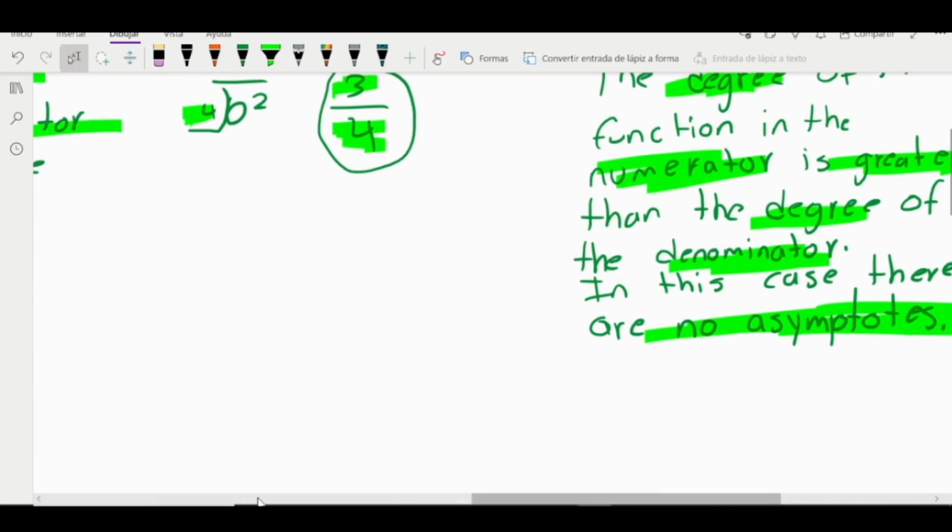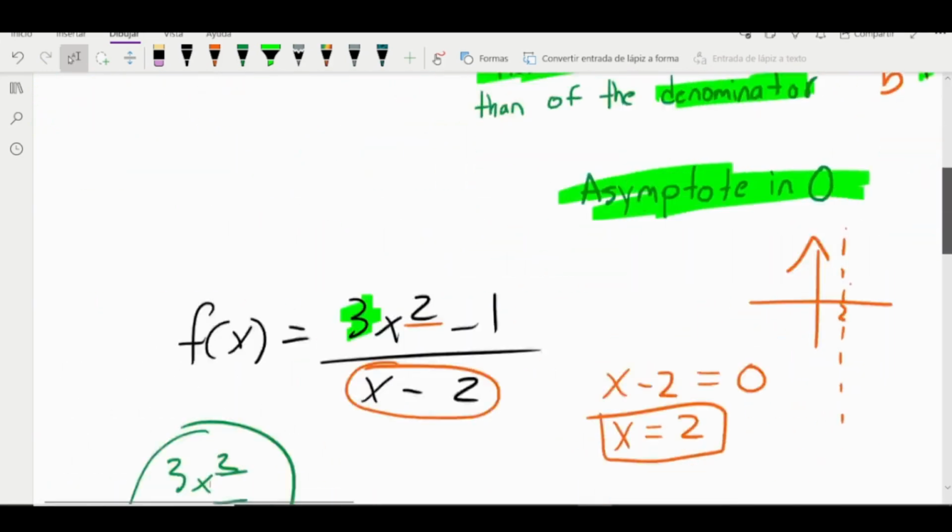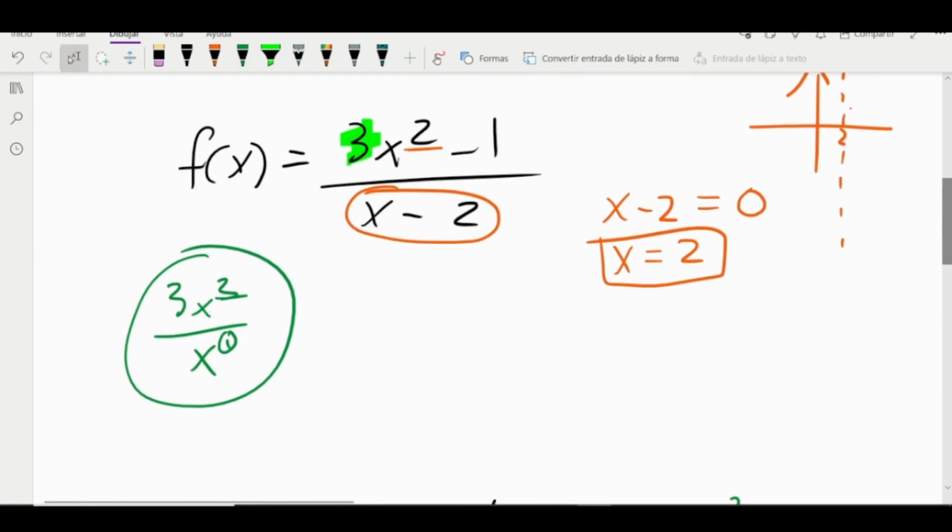For this, let me show you a graph so you can understand better how this works. One thing here: we are only checking vertical and horizontal asymptotes. We haven't checked the oblique asymptote yet; that's for another video. Let me show you the graph.